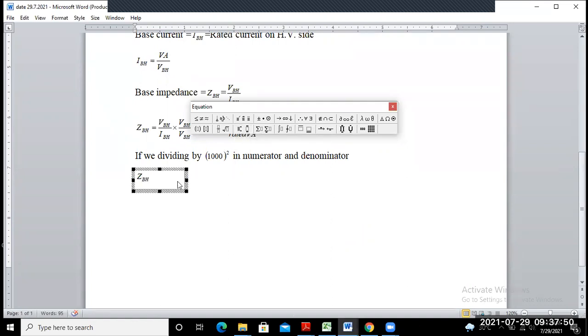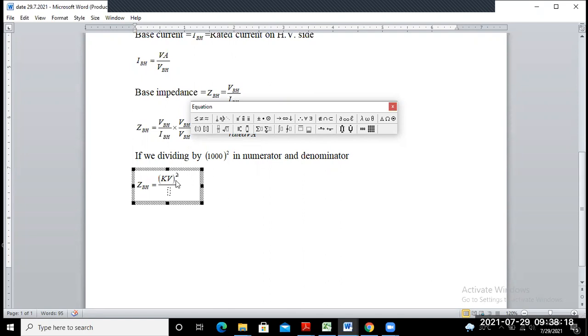So the base impedance of the high voltage side is equal to kilovolt whole square of the high voltage side divided by the MVA rating on the high voltage side.